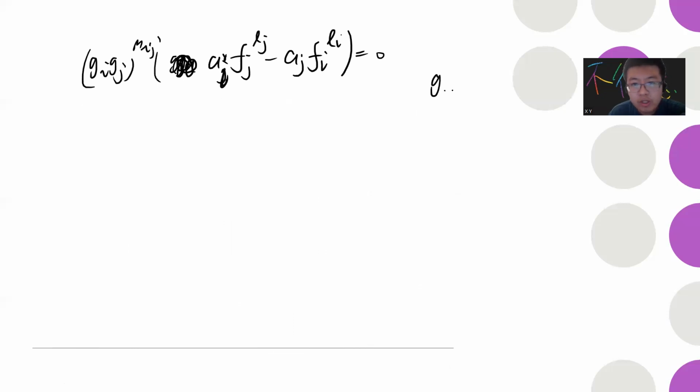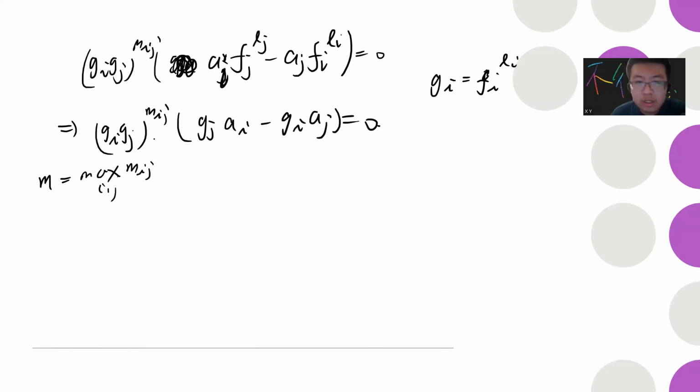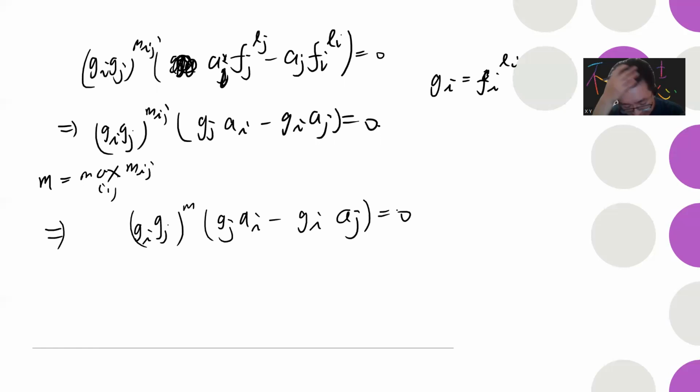Recall that we defined g_i to be f_i^{l_i}, so this equation can be written as (g_i g_j)^{m_ij} (g_j a_i minus g_i a_j) equals 0. Now we take m to be the max of the m_ij, which is finite. So we get (g_i g_j)^m (g_j a_i minus g_i a_j) is 0.